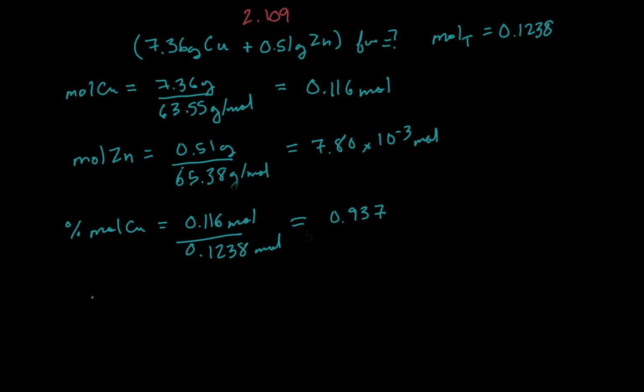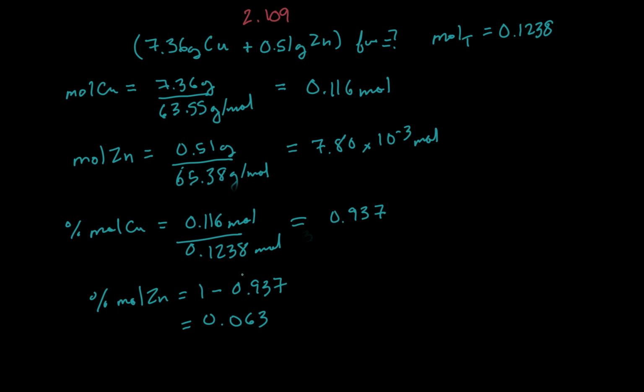That means the percent moles of zinc is 1 minus the percent moles of copper. Taking 0.937 away leaves us with 0.063.